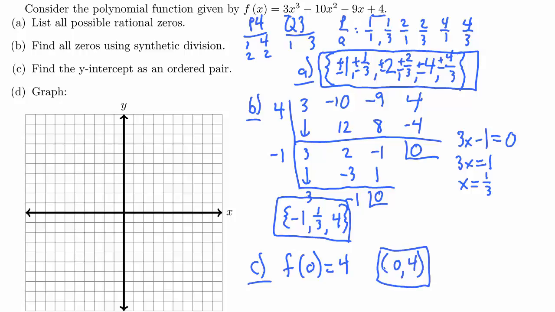And then I can plot all this. My zeros are -1, which is right there. 1/3, I'm going to have to just approximate here. And 4 is right here. And then I can also plot 0, 4. Now notice the multiplicities for my zeros are all 1 because they're only used once here, which means all of these cross.